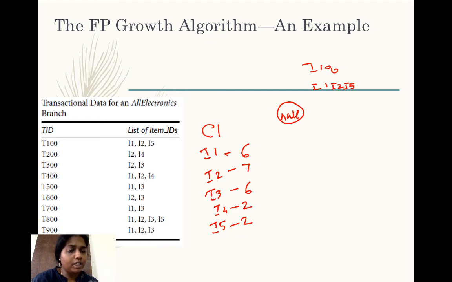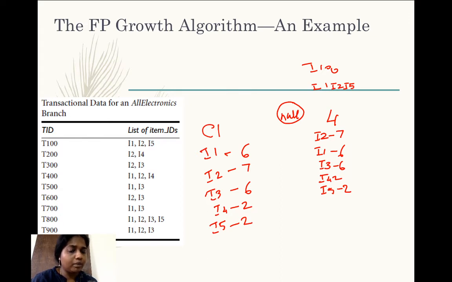I am going to order these into some arrangement based on their support value. So I am going to form my L1. Which one has the highest number of values? I2. So I2 support value is 7, I1 6, I3 6, I4 2, I5 is 2.